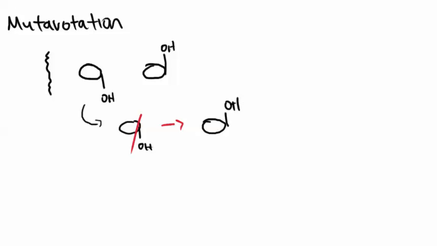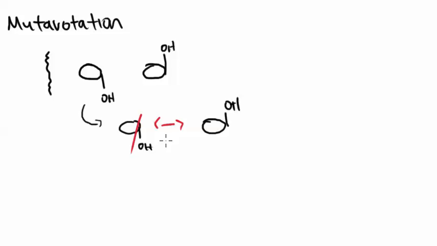And we actually see some equilibria that begin to form here. The open structure, when it goes in solution, will close in on itself and form this ring. The ring will open back up, flip its OH group around, and maybe close back down on itself and lock it in a new position.